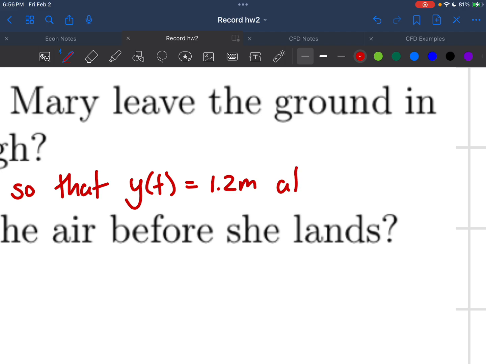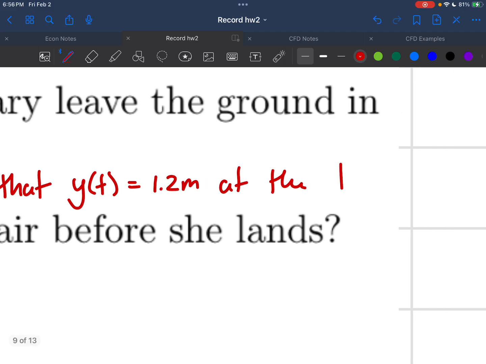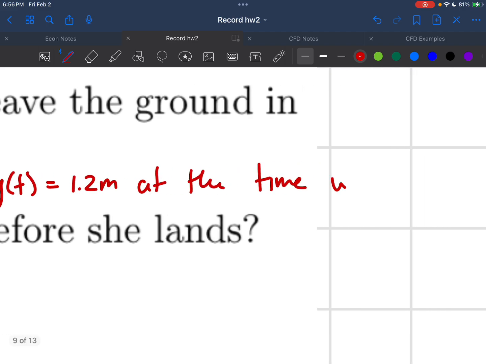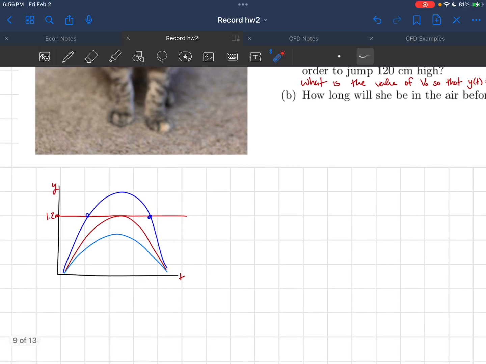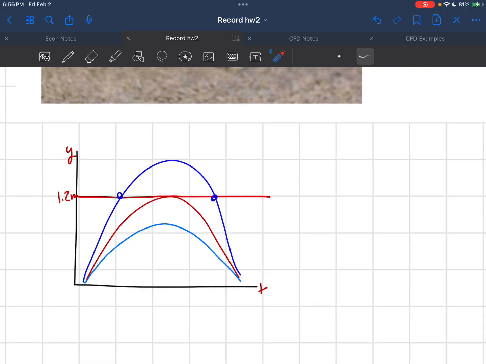meters, I should say, at the time when, you can just see my handwriting slowly getting worse, at the time when she's at the apex. Well, how do I know that she's at the apex? Before the apex, I'm going upwards, and after the apex, I'm going downwards.